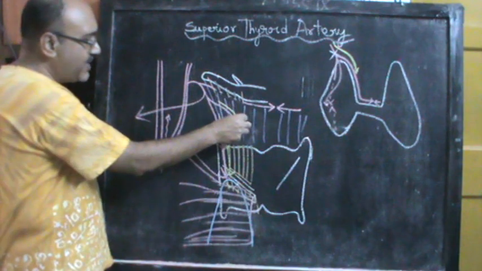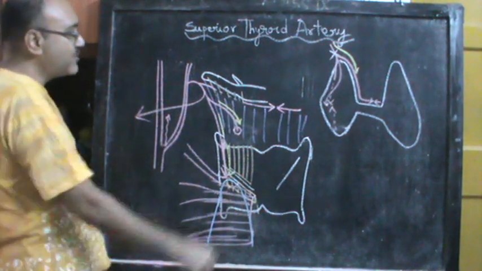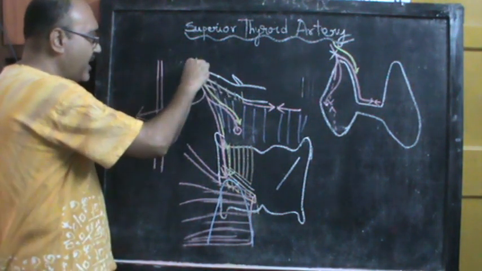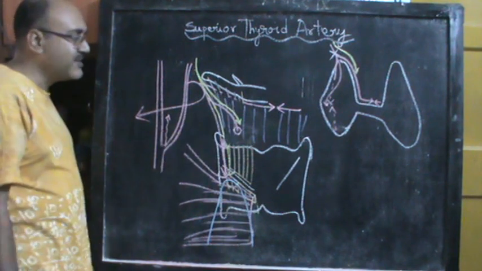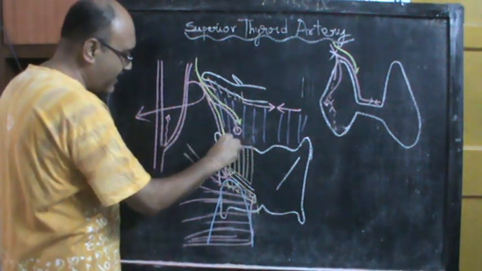So actually you have the internal laryngeal nerve here, and the external laryngeal nerve here. These two were high up the superior laryngeal nerve, and this superior laryngeal nerve has divided into an internal laryngeal nerve and an external laryngeal nerve.